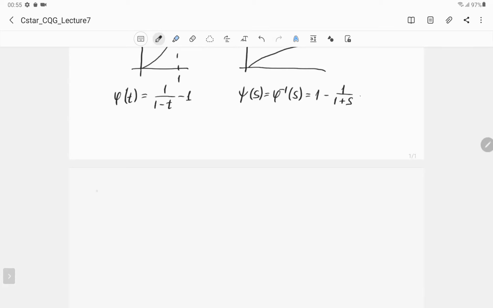So we take an arbitrary element E in lambda and observe that phi of E, which is defined by means of the functional calculus, is indeed a positive element.